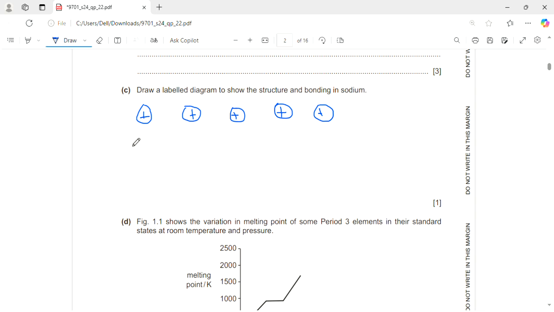So I'm just drawing it for understanding purposes only. I hope you can understand this. Draw with the proper arrangement.